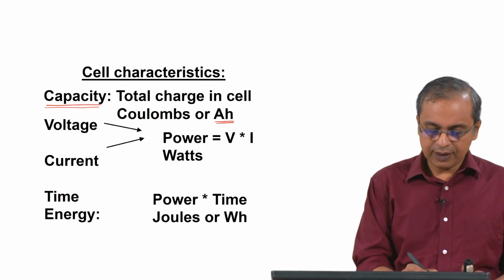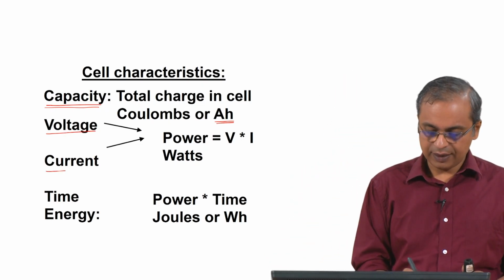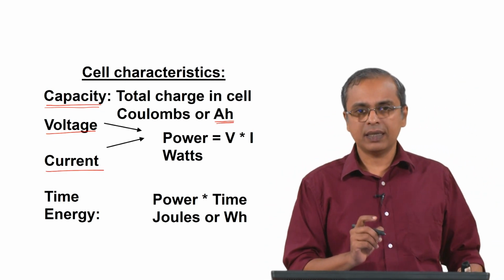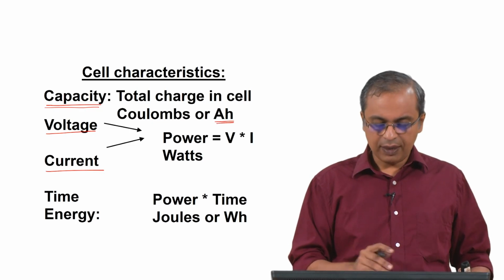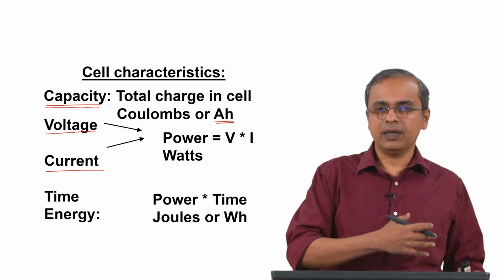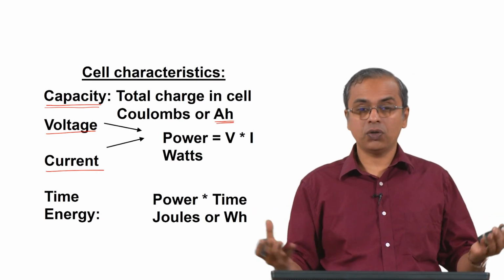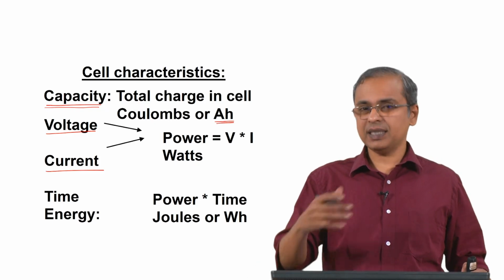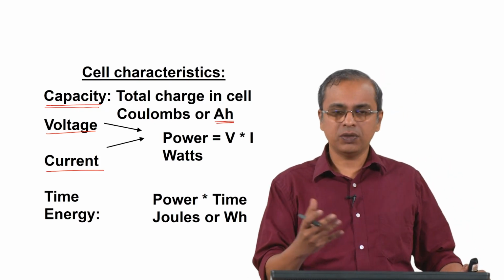Then we have two important terms here, voltage and current. Okay. So let us take a moment to keep in mind that you can draw a loose analogy. If you look at an analogous situation of, say, water flowing through a pipe, then the pressure with which that water is flowing is analogous to the voltage.